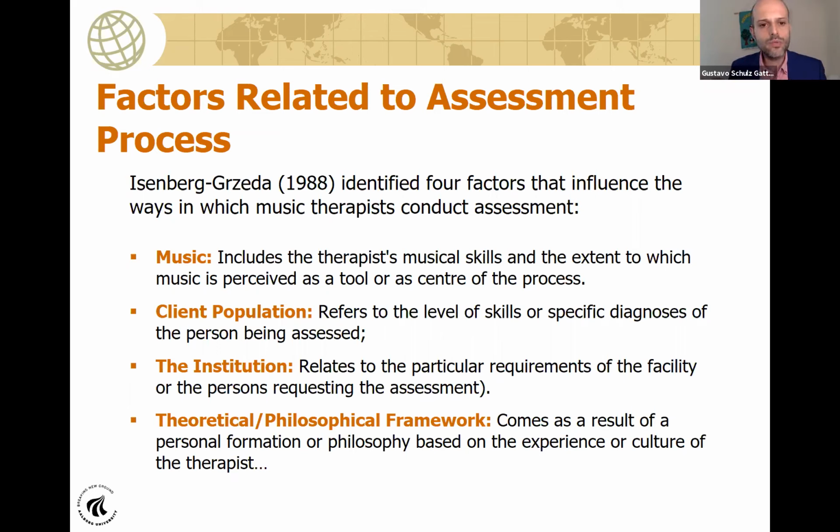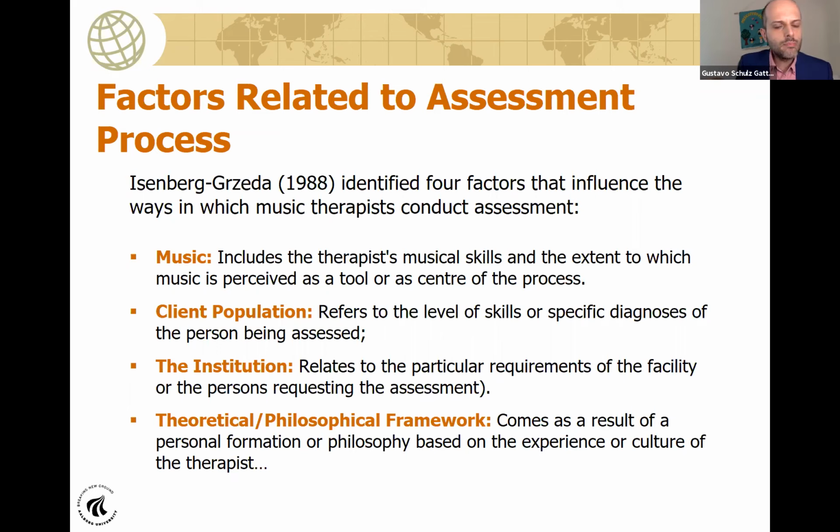I can have music as a tool, for example, when I'm using a song just to prompt one specific behavior that I want to assess in my client. For example, I can play a song and I want to see my client doing some specific gestures. I can give some cues in the music to help the client do these gestures, and I can check whether the person can do them or not.